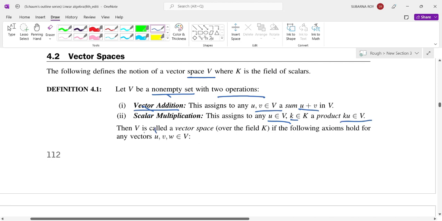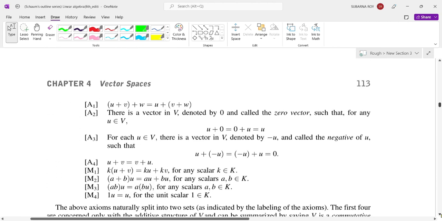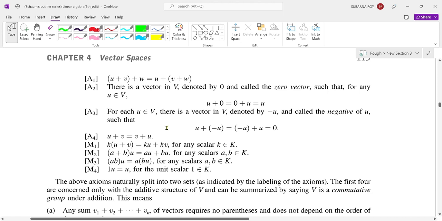Then this V is called a vector space over the field K if the following axioms hold for any vectors u, v, w. So what are the axioms? There are 8 axioms in two parts. The first 4 are with respect to addition, and the second part is with respect to multiplication, vector multiplication with scalars.